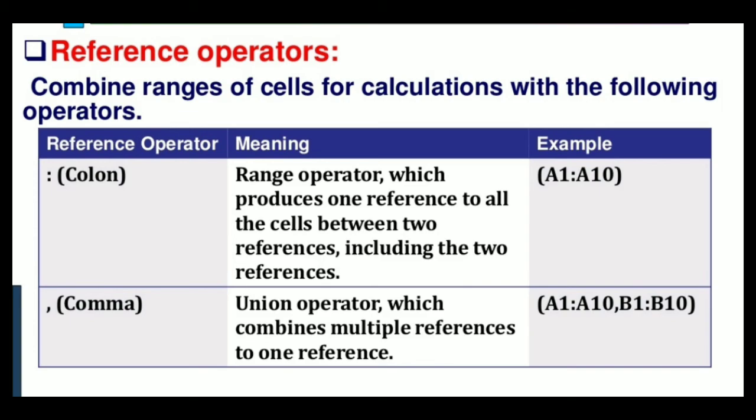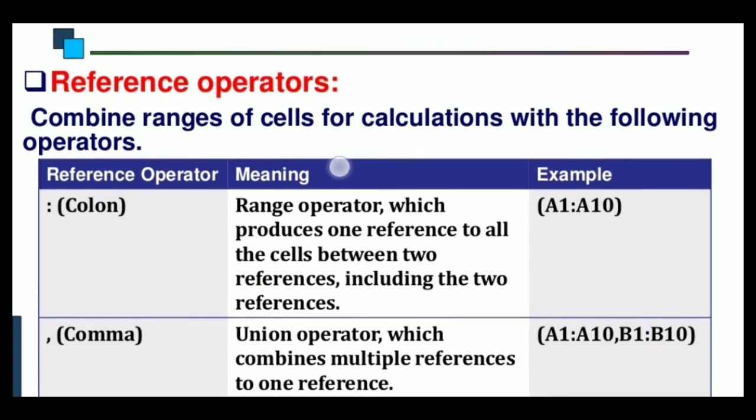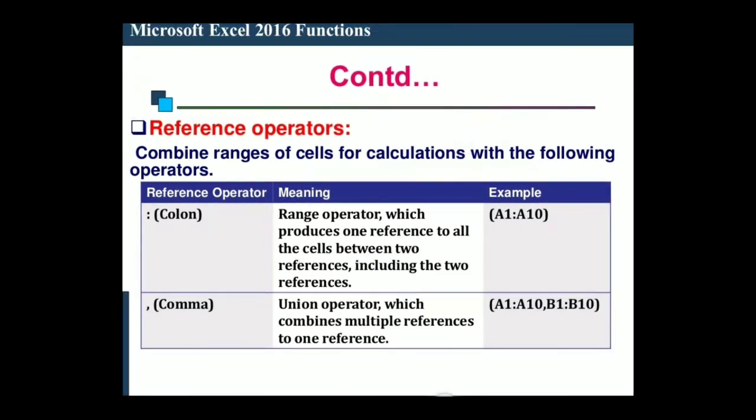Here we can write A1 colon A10, which means the range from A1 to A10 is used. Now the comma is used to combine multiple references into one reference. We can combine any references with the help of the comma operator. So these are the two reference operators in MS Excel 2016 while using formulas and functions.